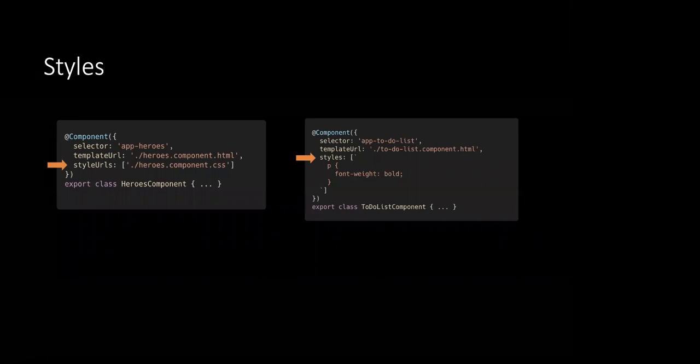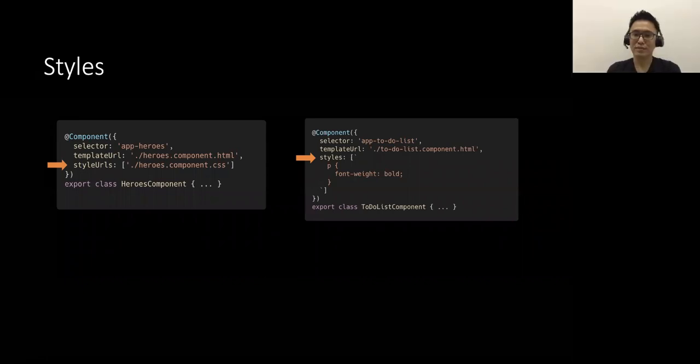Still, it's totally up to you, because some people have their own use case and would like to have the style within a file. We cannot stop how other people want to do it. So Angular gives two choices for you to choose from. It's up to your preference. There's no right or wrong.